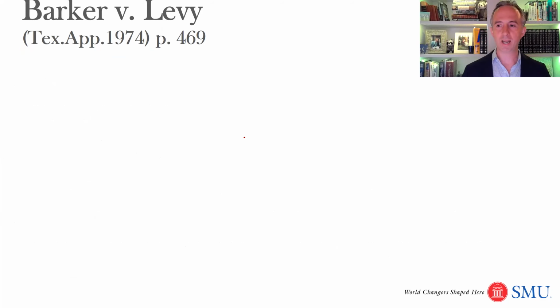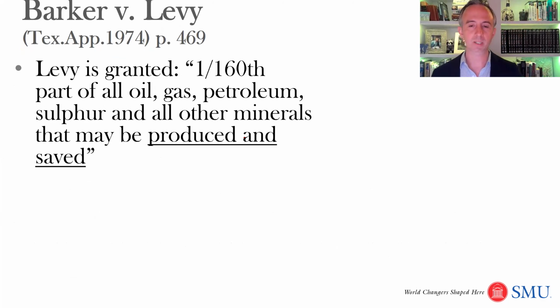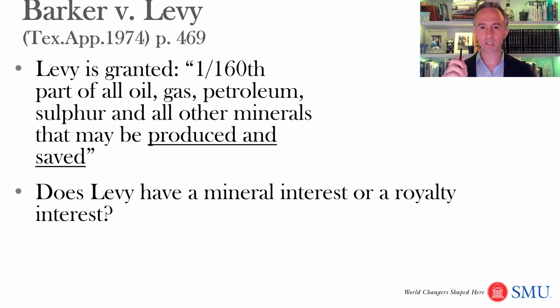We'll start with the clear case and then we'll look at some complicated ones. So Barker versus Levy. Levy was given 1/160th part of all oil, gas, petroleum, sulfur, and all other minerals that may be produced and saved. So the question is, is this a mineral interest or is it a royalty interest?